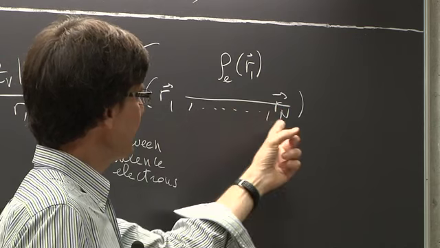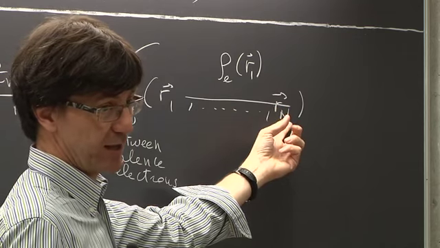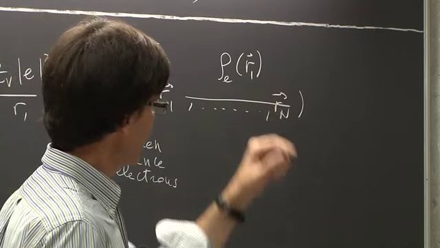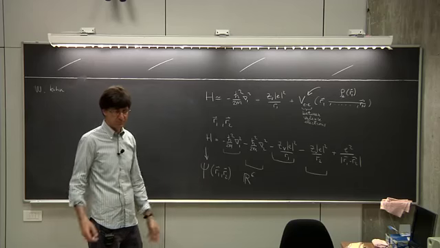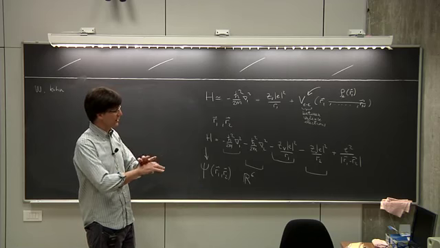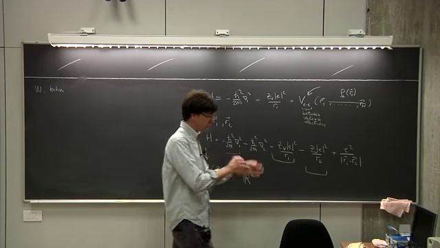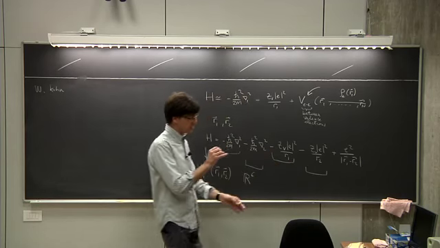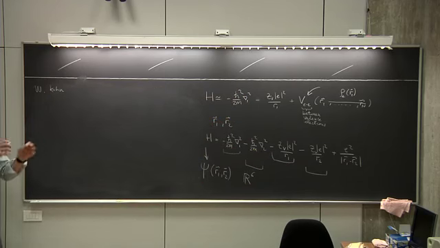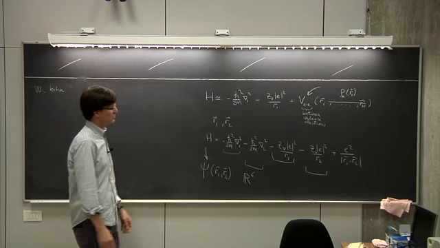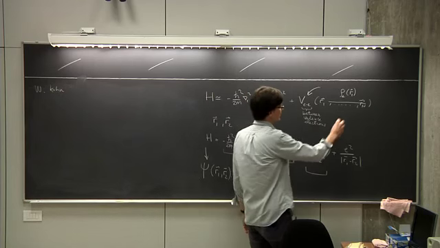But I don't need to retain all the information about where all the other electrons are. I just need to keep information about the overall density of the system. That is, I only need to know where the global charge is. I don't need to recognize inside the global charge whether this is contributed by electron 2, 3, 4, or whatever. I just look at the global charge. So that's the total charge density.